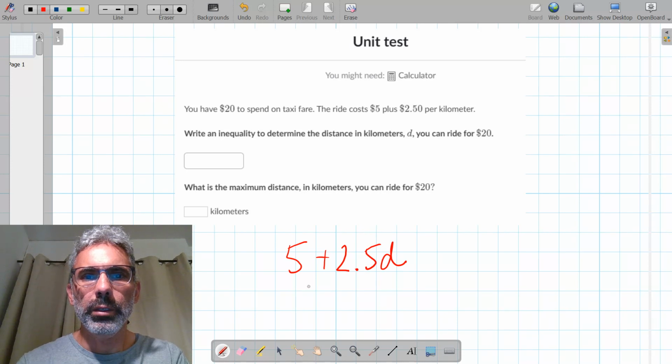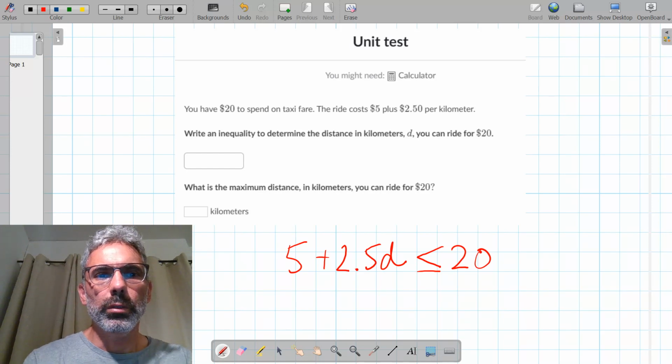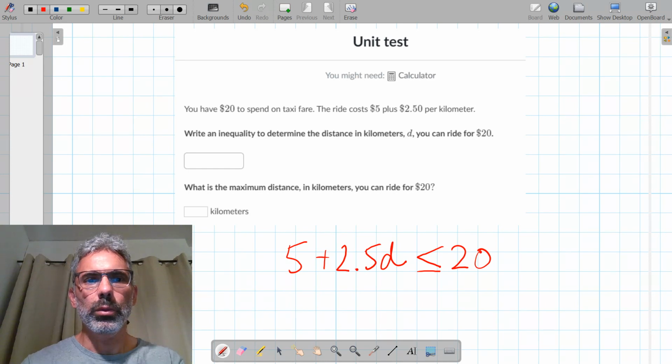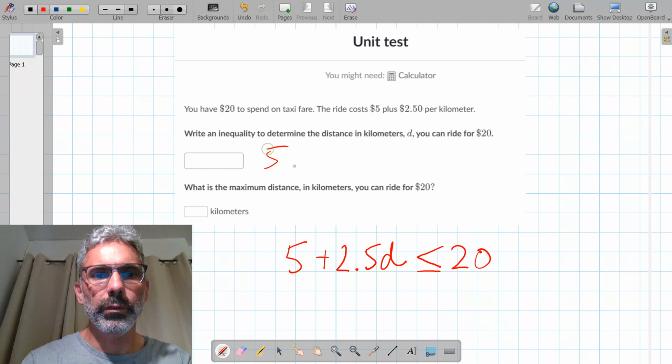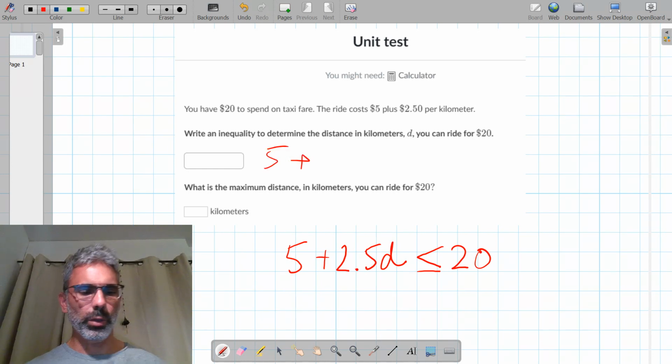When we combine the initial fare plus 2.5 per kilometer, it has to be less than or equal to 20. Okay, so that is the inequality, 5 plus 2.5d less than or equal to 20.